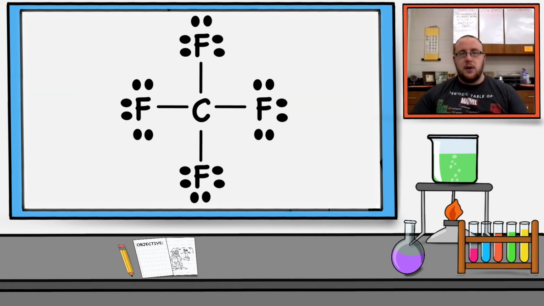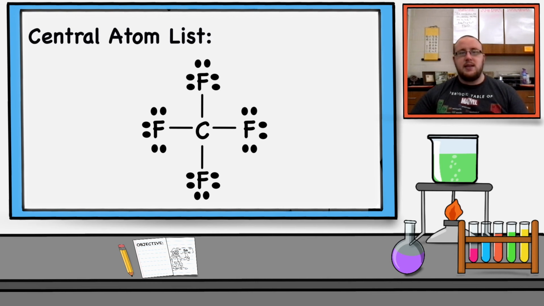So here's an interesting question that you may or may not be asking. How do we know which atoms go with which? Well, the answer is simpler than you may think. All you have to do is memorize this list: C, S, I, N, P, S, O. These are going to be the most commonly used central atoms of your Lewis dot structure, so everything's going to revolve around those.